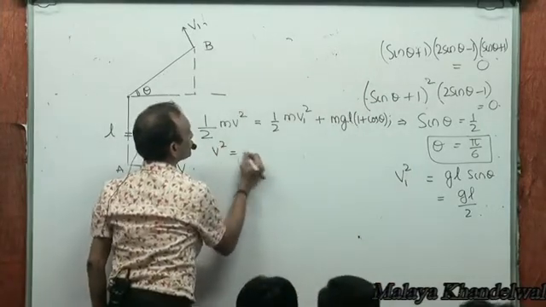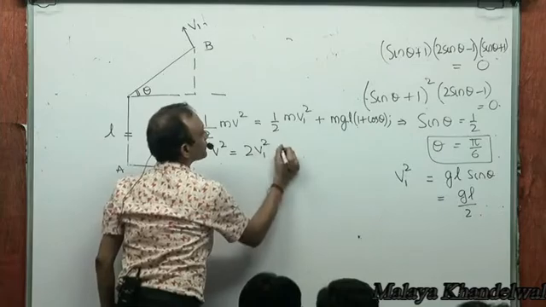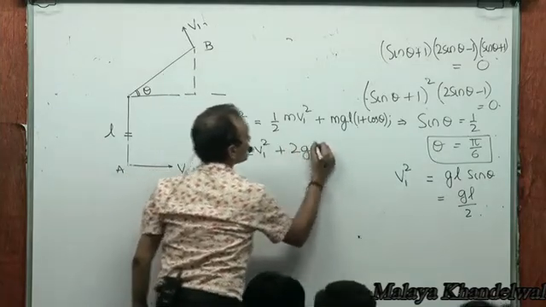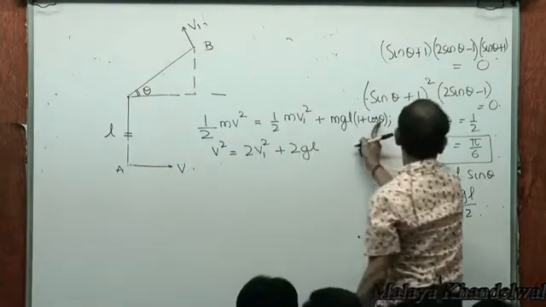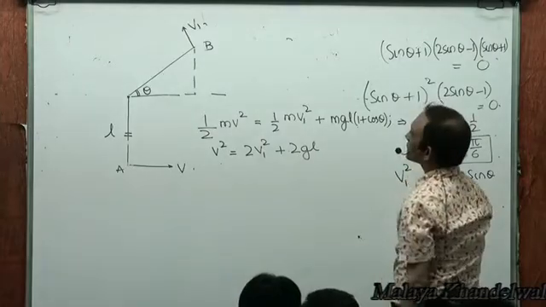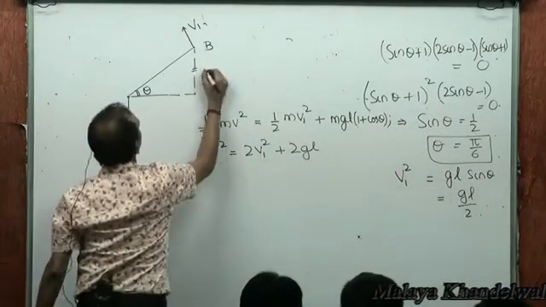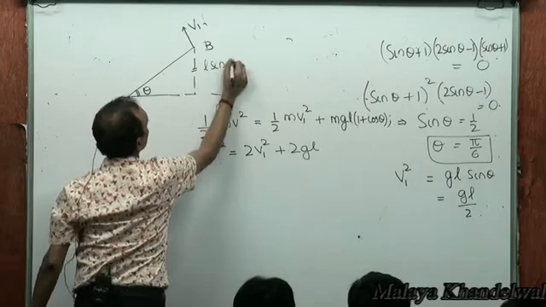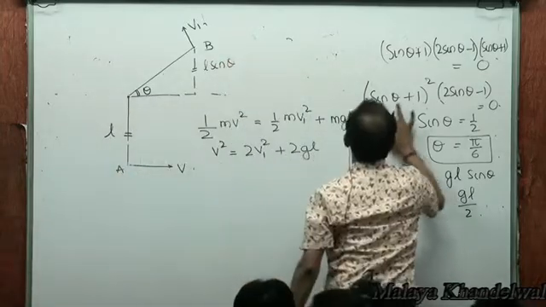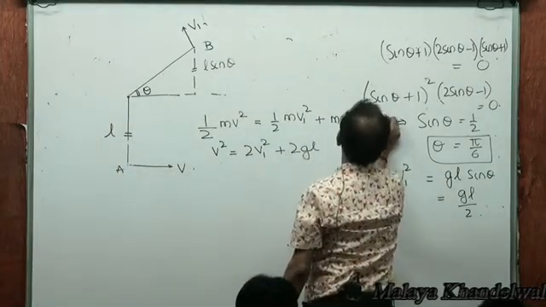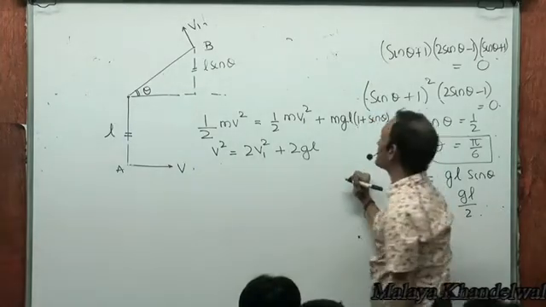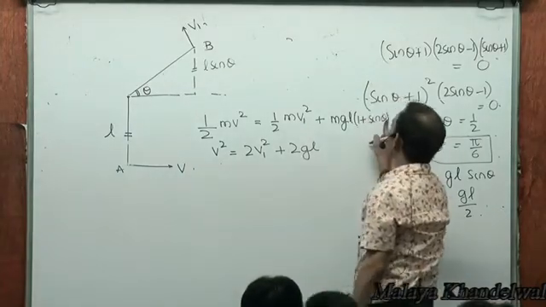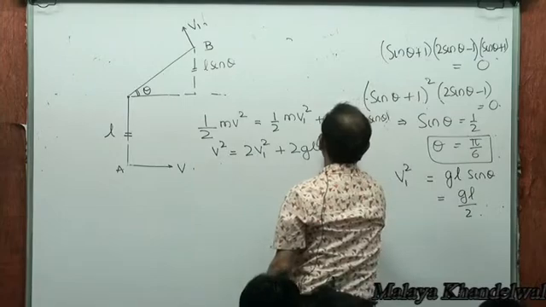V squared therefore would be v1 squared plus 2gl into 1 plus sin theta. Sorry, this is L sin theta, 1 plus sin theta. That's the gain in elevation, L plus L. So 2gl into 1 plus half, that means 3 by 2.